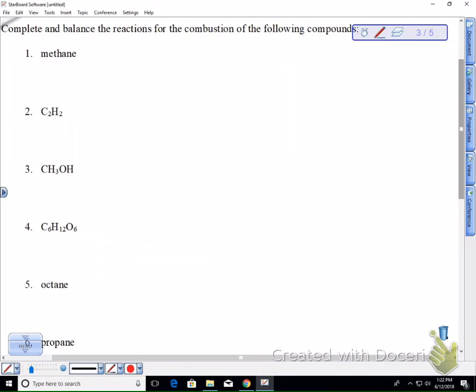That naming system is going to help us with some of these, not all of them because there's just too much here. But number one, meth, we know is just one carbon. The ANE tells me it's an alkane, so it's saturated, 2N plus 2. So that's how you could, if you don't have methane memorized, figure it out real quick. But it's combustion, which just means plus O2, and we're going to make CO2 and water.